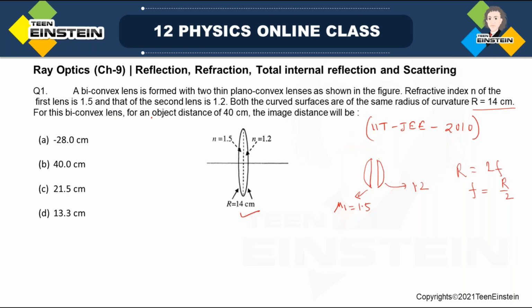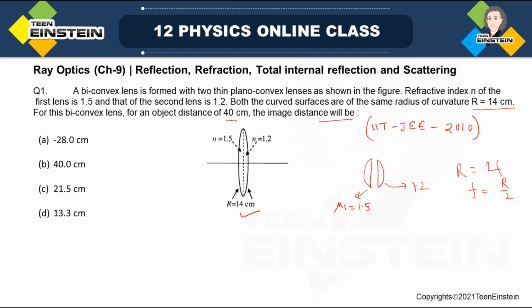Now for the biconvex lens, for an object of 40 centimeter, find the image distance. So for an object which is at a distance of 40 centimeter from this biconvex lens, where will the image be formed? I'll just make you clear again about this question. So there are two plano-convex lenses.